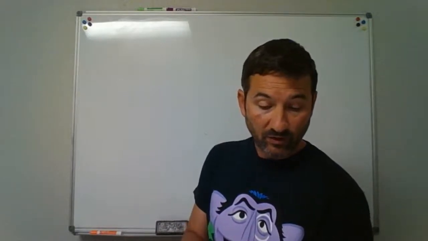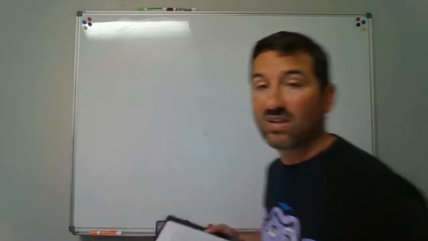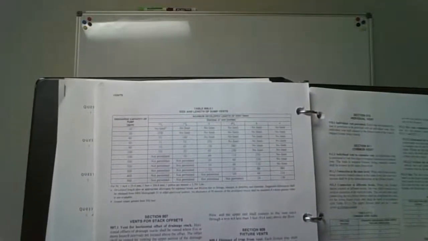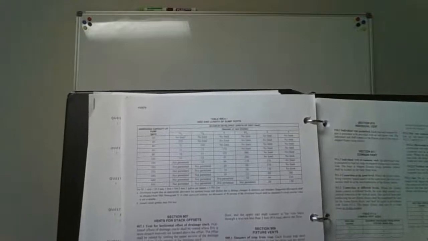All right, let's see. And then you get Table 906.5.1, the chart for the size and length of sump vents right there. Size and the length of your sump vents. You've got the discharge capacity of the pump in gallons per minute listed over in the left column.